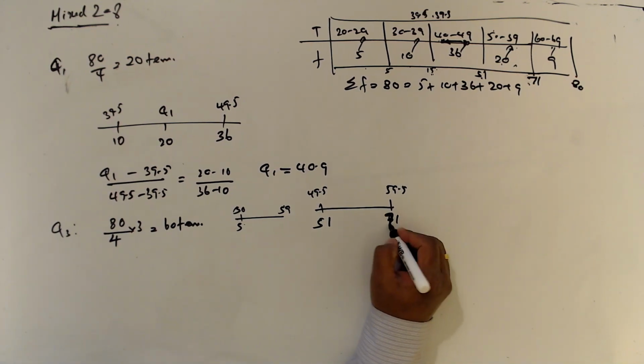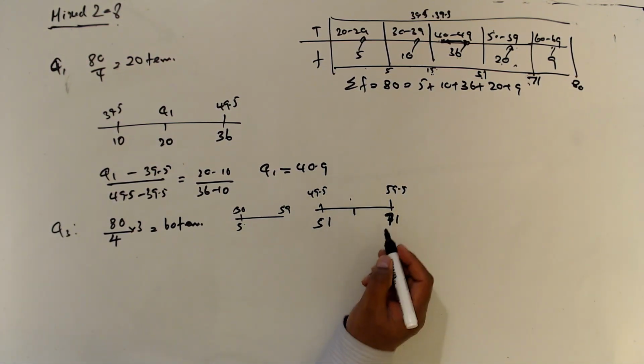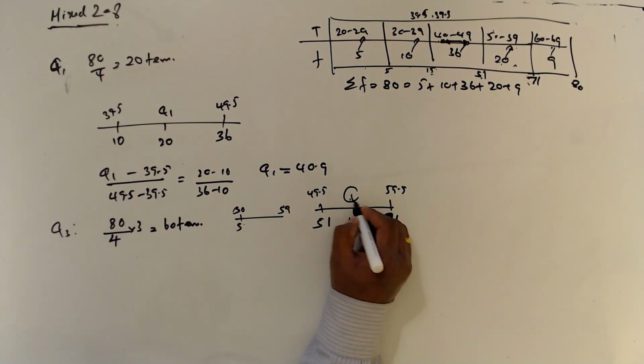Up to 49.5 it is going to be 51. So for Q3 I need which term? The 60th term. So that is going to be the Q3.